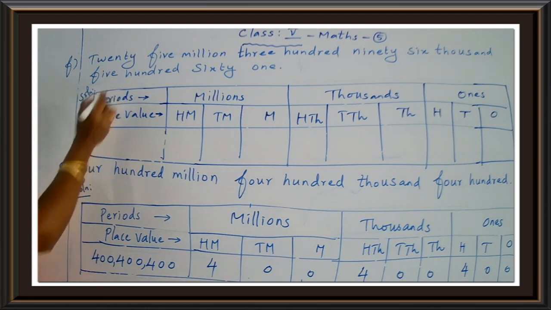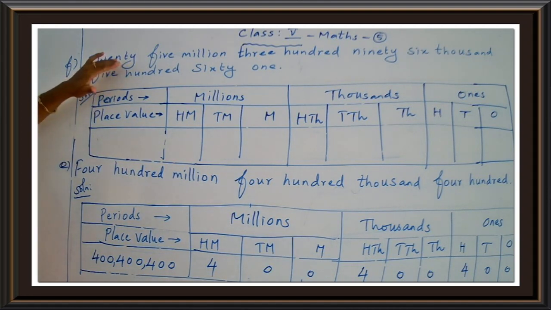Now, make a place value chart of the International System of Numeration and write the numerals. Number name is given. Your number name is 25,396,561. Listen, children. Don't write your F. Your question number F.